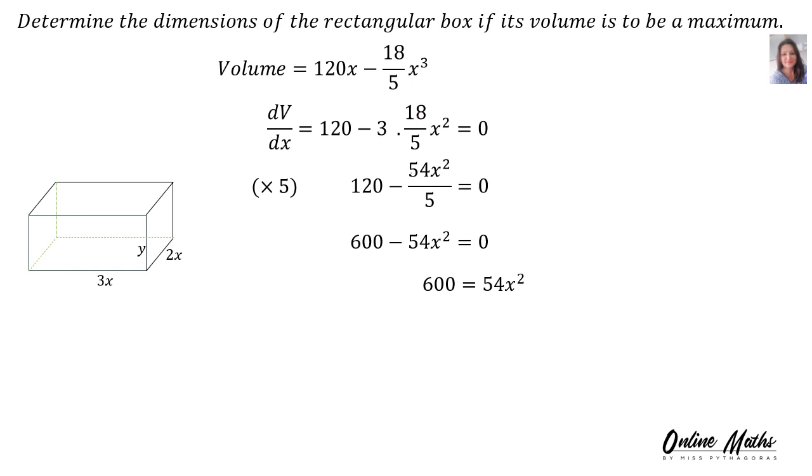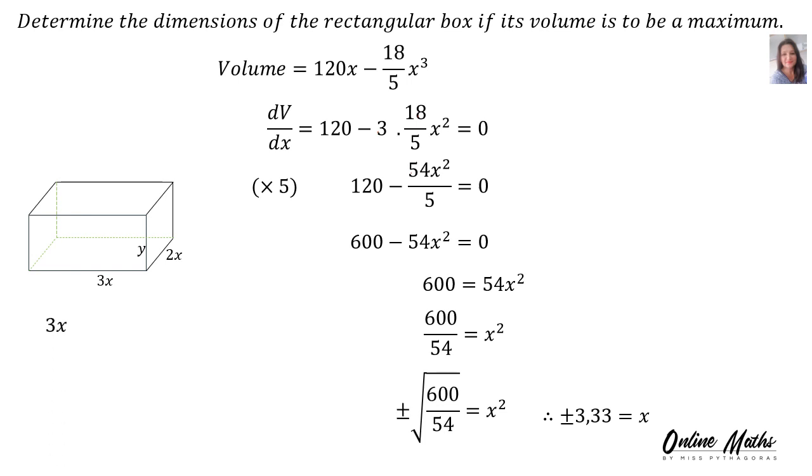Now I will solve for x. So let the 54x squared walk across, divide the 54 away, and now it's x squared, so you want x, therefore you take the square root, and you end with x is plus or minus 3.33. So obviously you will choose the positive one because it's the length of a side.